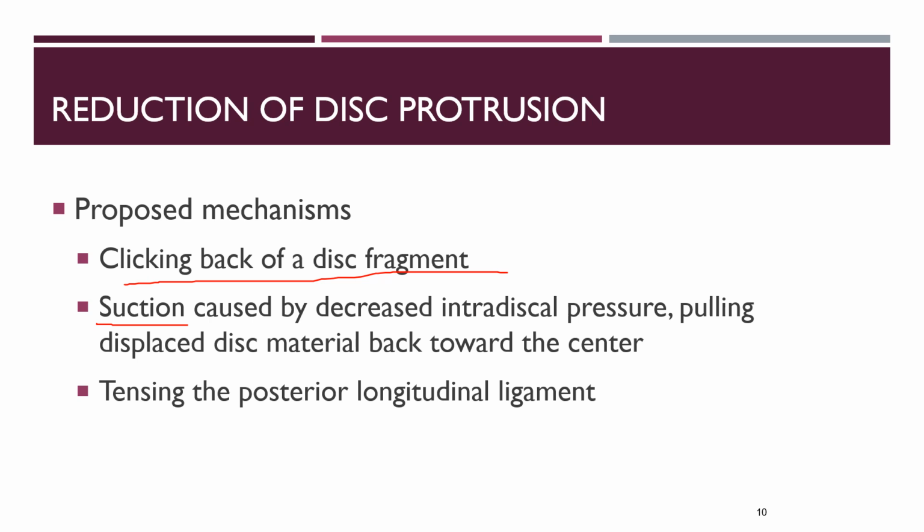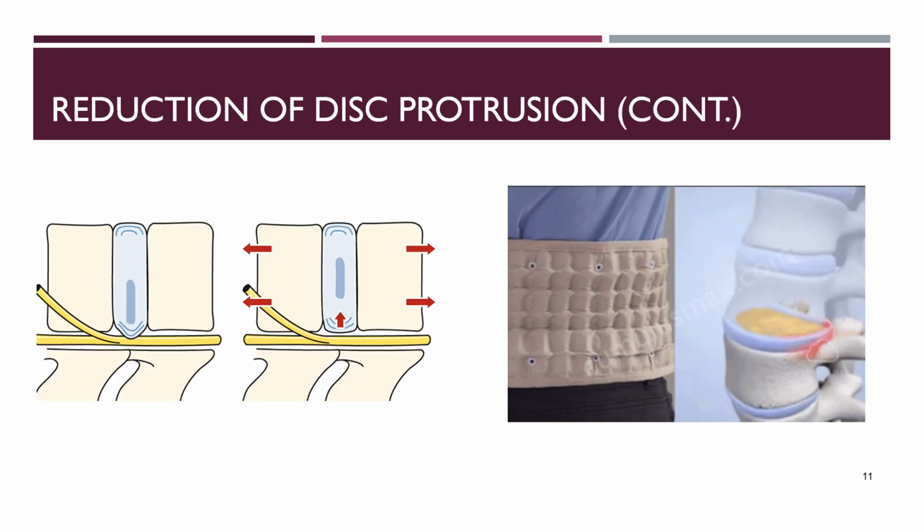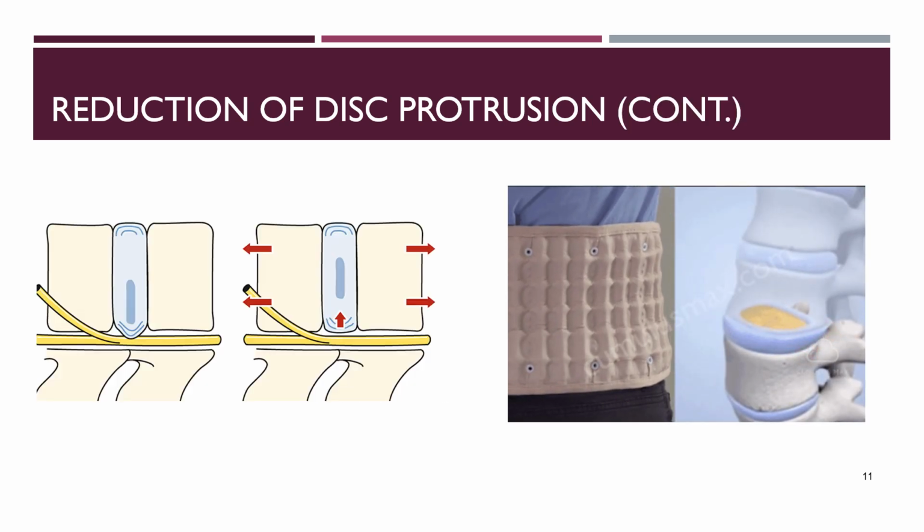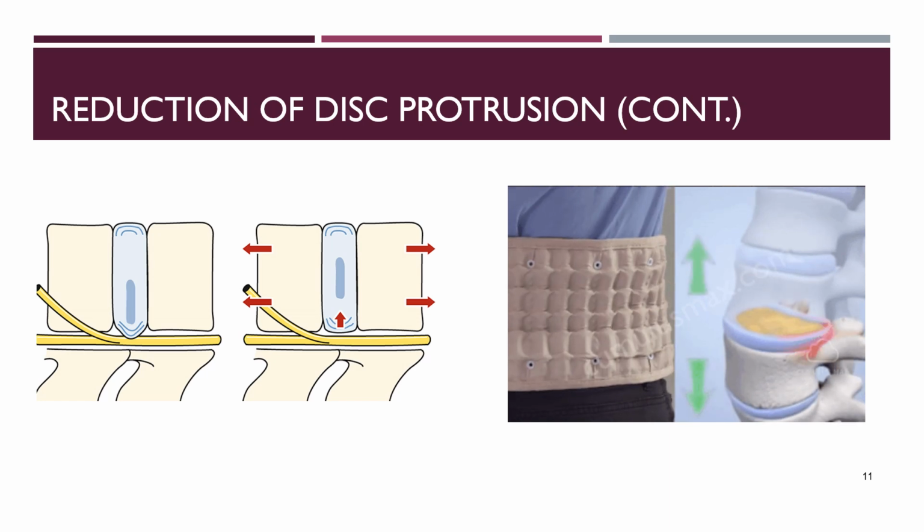And of course, by performing mechanical traction, we can also create tension on that posterior longitudinal ligament or the anterior longitudinal ligament, whichever direction the protrusion is in, and that's also going to push that disc material back towards the center. So here's a nice little image that comes straight from your book talking about reducing that disc protrusion.